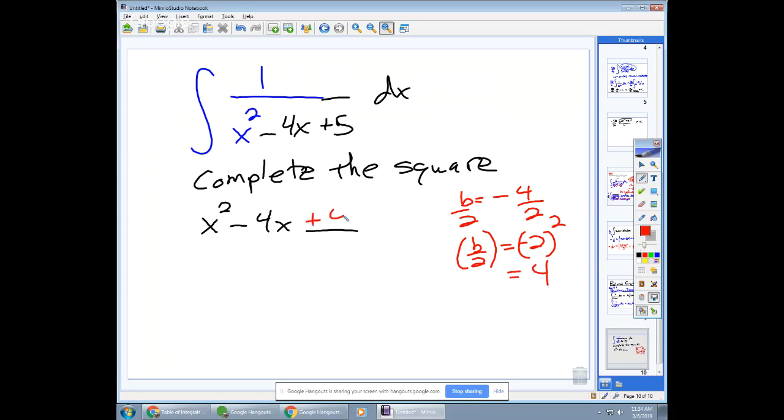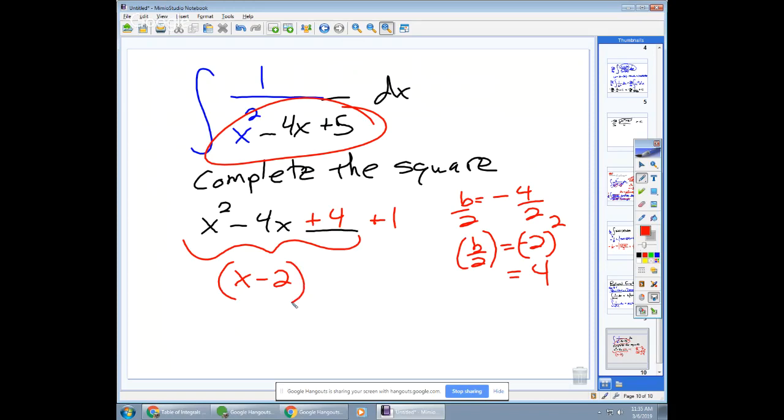That's the magic number I would like to have there. What did I have instead? I had a 5. So to make this the same as that, I could just put a +1 outside there. So now it's still +5, but I've broken up the 5 in such a way that that right there is now a perfect square. It's the square of x minus 2.